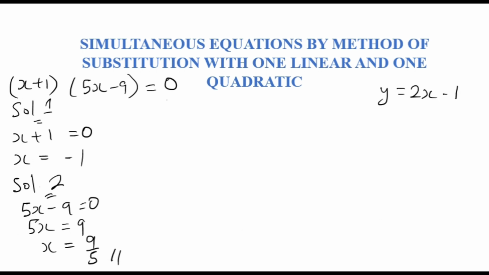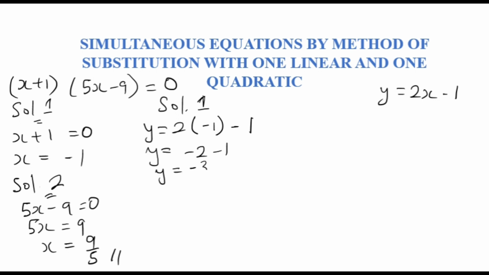So for our y, solution 1, we take our x value for solution 1, and we have y equals 2 into brackets minus 1, minus 1. y equals minus 2 minus 1. y equals negative 3.